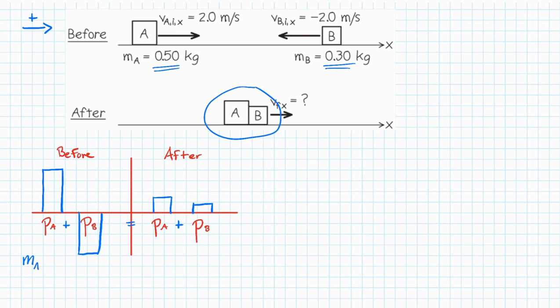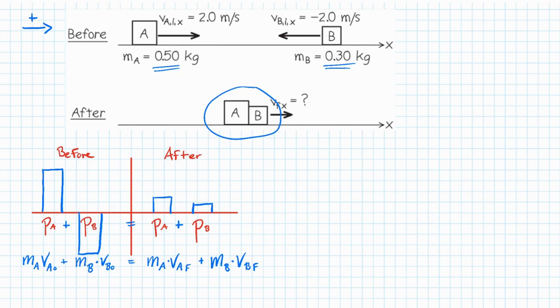So it's the mass of A times the velocity of A at the beginning plus the mass of B times the velocity of B at the beginning. And that'll be equal to the mass of A times the velocity of A at the end. The reason why I don't need to put that it's the mass of A at the end is because the mass is not changing, so I don't want to confuse myself there.